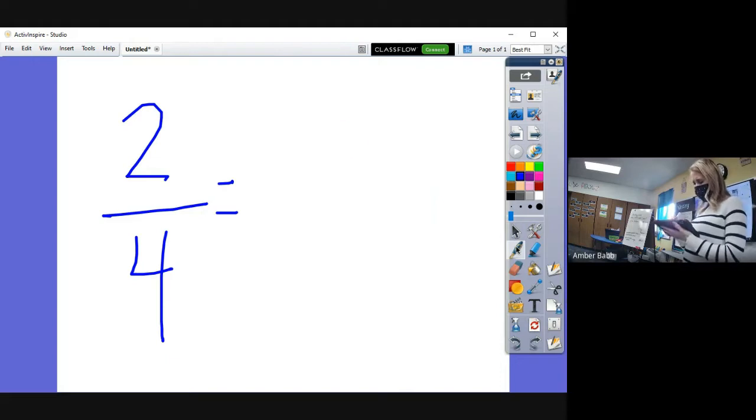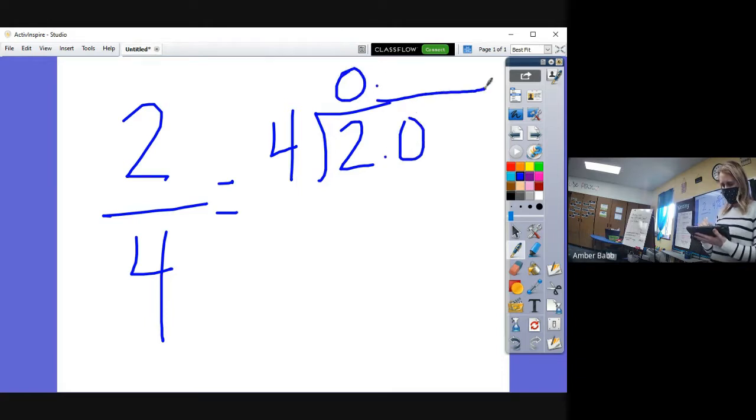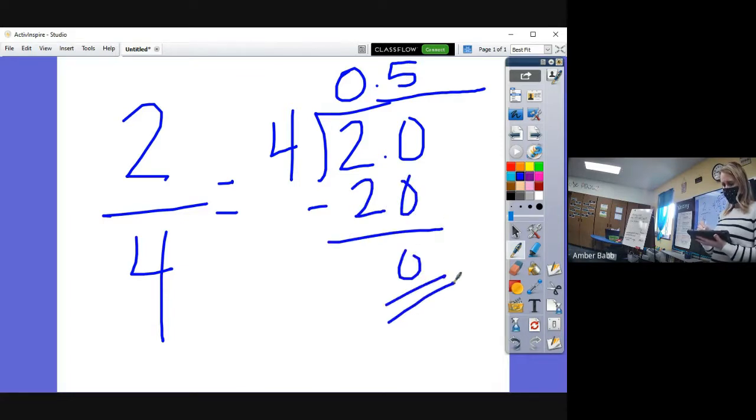So I'm going to take my numerator, divide it by my denominator. 4 can't go into 2. Give me a decimal. How many times does 4 go into 20? Sam says 5. 4 times 5 is 20. I'm done. My answer is 0.5.